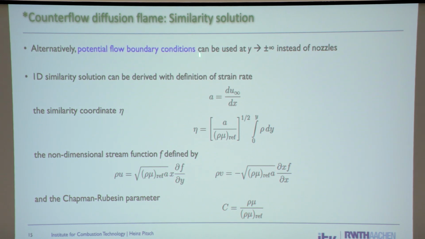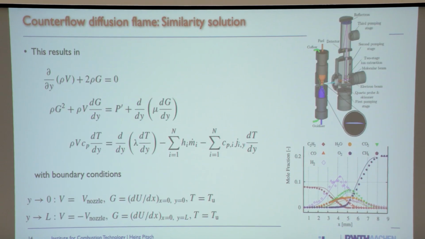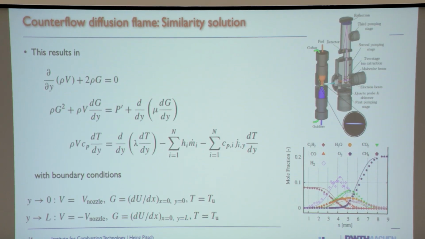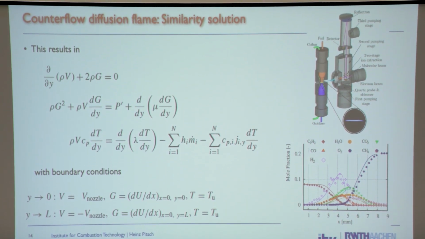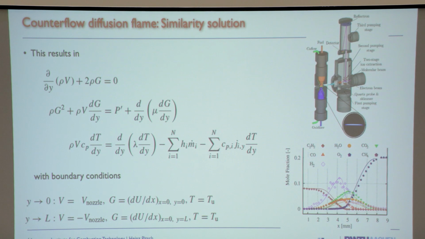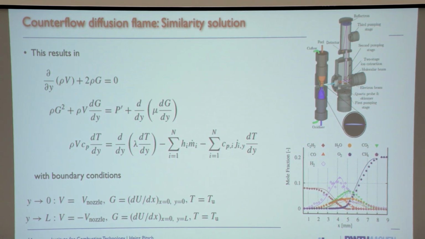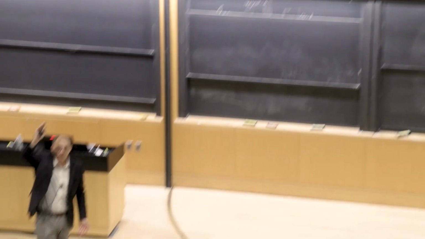Okay, so this shows a similarity solution. What we have done here is we assume from the beginning that you have two nozzles and that the whole flow field just goes from one nozzle to the other. You could also assume, and for the analysis that's sometimes interesting, that the flow really comes from infinity.